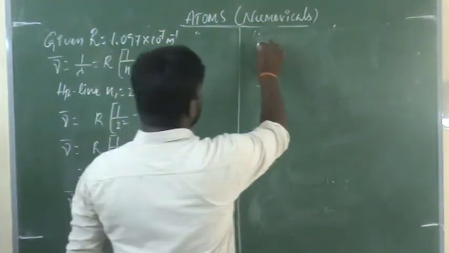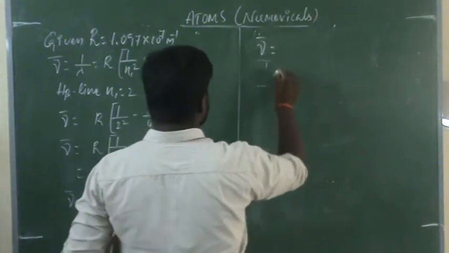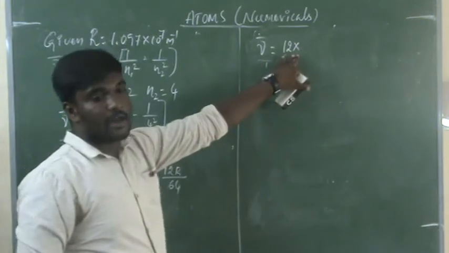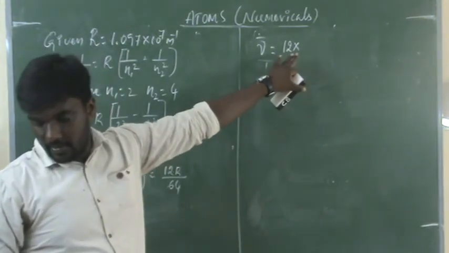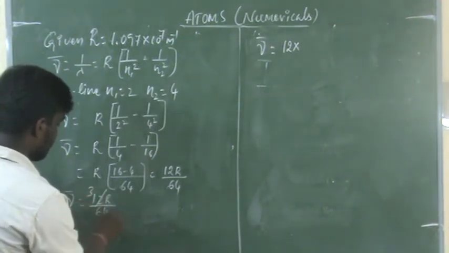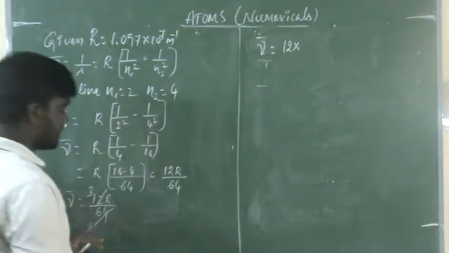Substitute the values. Nu bar equals 12 into the R value. 12 divided by 4 is 3, 64 divided by 4 is 16.